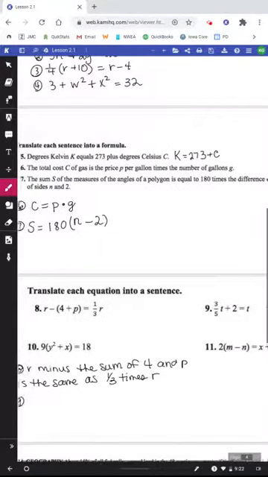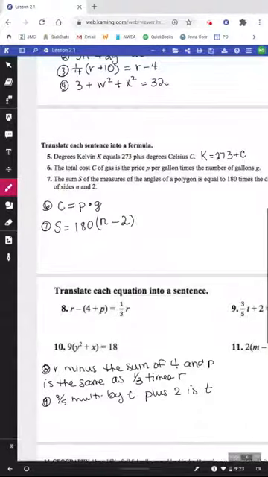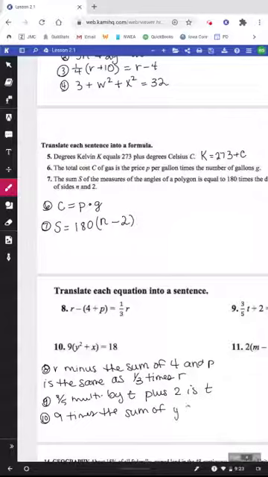Number 9, I say 3/5 multiplied by t plus 2 is t. Number 10, a way I could write it is 9 times the sum of, that will give me the parentheses, y squared added to x is the same as 18.